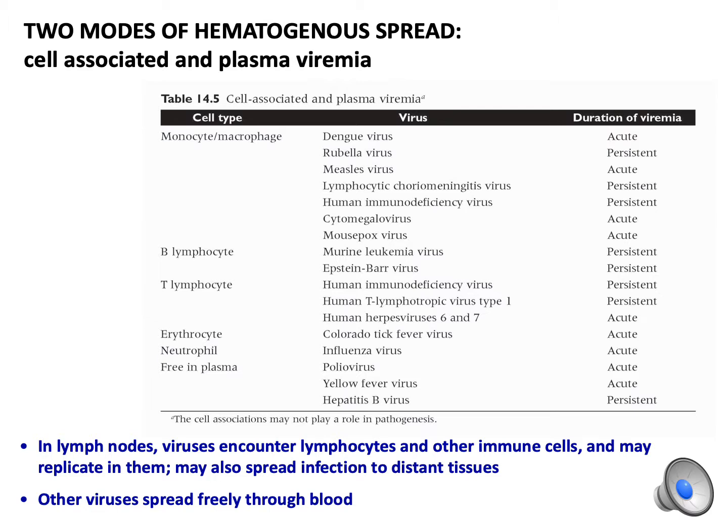You understand that because these cells can be targets for the virus. But other viruses like poliovirus, yellow fever virus, and hepatitis B virus cause viremia, and the virus remains free in the plasma. It's not cell associated.